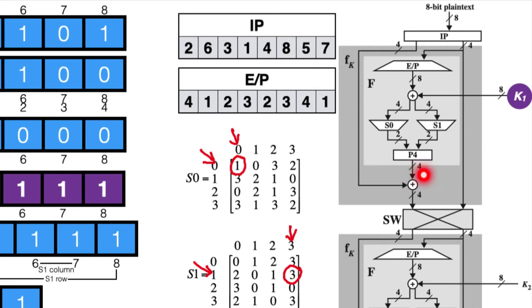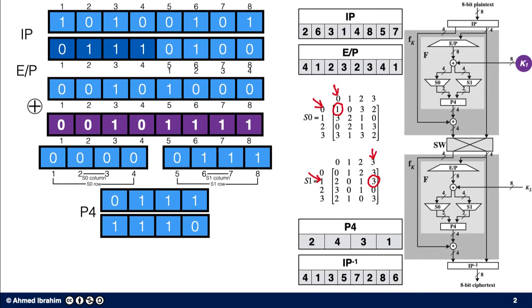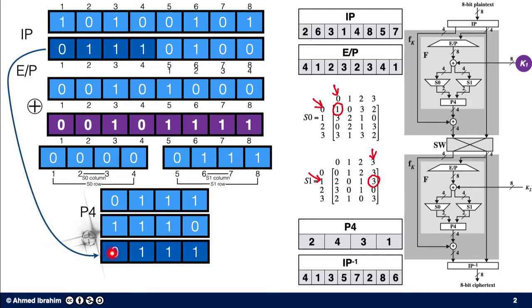Whatever you get out of permutation 4 is XORed with the left 4 bits that we didn't touch after the initial permutation, which are these 4 bits. So we'll take these 4 bits over here and XOR them with this output, and then we will have the result of the XOR on the left side.